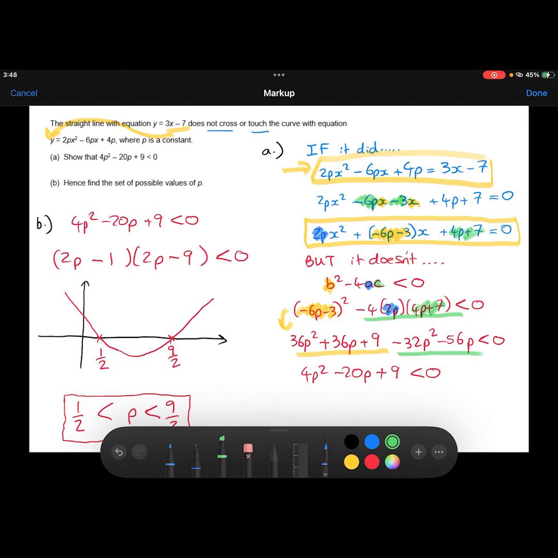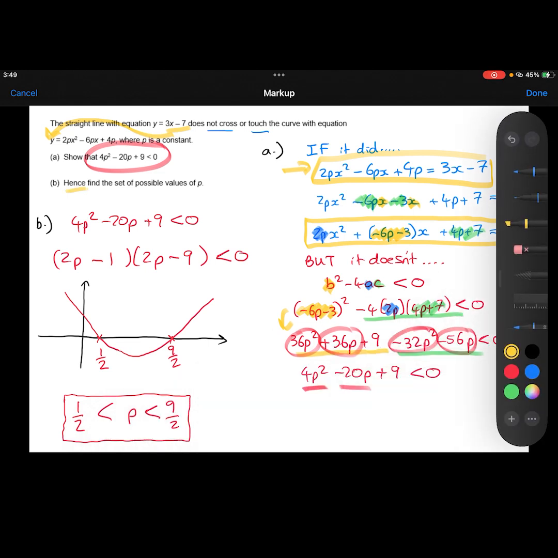Then collecting up the like terms, we've got the 36p squared minus 32p squared is the 4p squared. The 36p minus the 56p is minus 20p. And then we've still got the plus 9 there. And that has to be less than 0. And that's what we needed to show for part A.